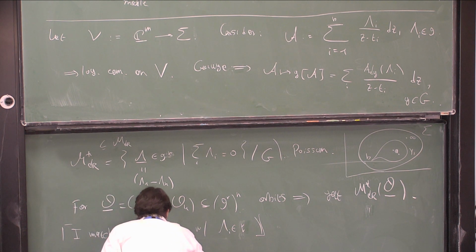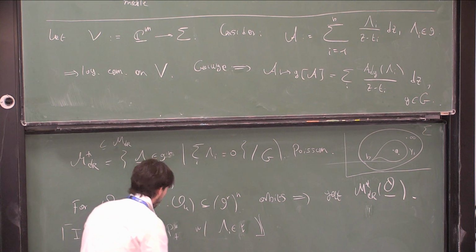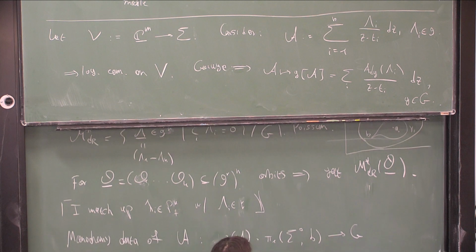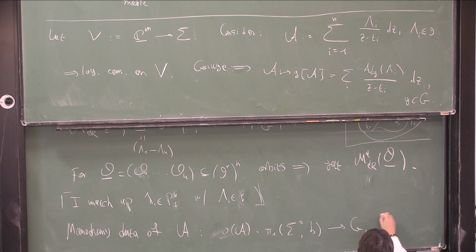Of A, which again I identified with a connection, which is something like the class of, so first I have some nu of A, which is a representation of the fundamental group of the punctured curve based at this base point B with values in G. And this Sigma^0 is just Sigma minus all the marked points.